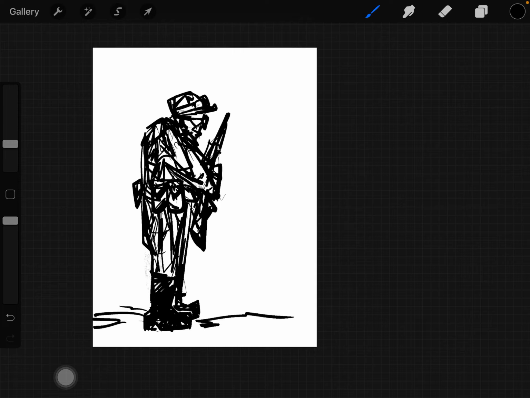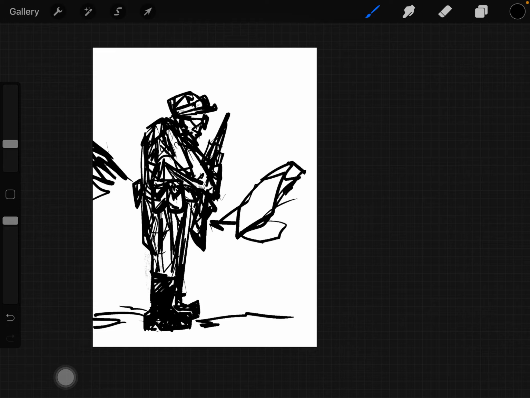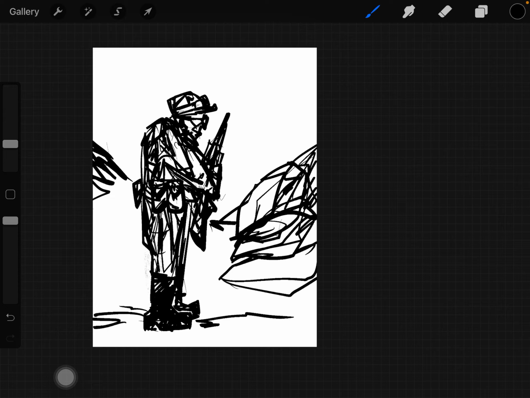When I show this kind of drawing, it immediately comes to my mind that this is a soldier, right? Now what about the background? When I put a background like this, maybe the battlefield or something, or a trench.